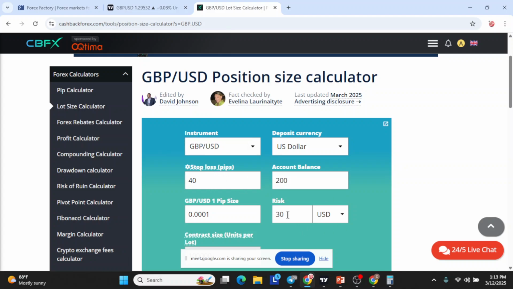how much are you willing to risk on this trade? Let's say for example you only want to risk $20, you can see this is USD. This USD can be changed to percentage. We have USD and percentage. If you put it on percentage, it means that you want to risk 20% of 200, but for better calculation purposes just change this to USD so you won't get confused, because when you are trying to convert a particular value to percentage you might not get it right.